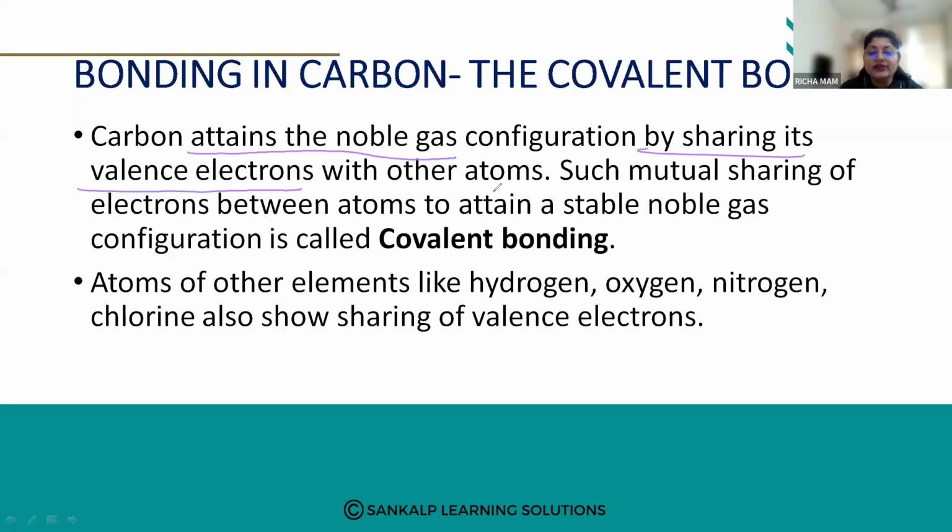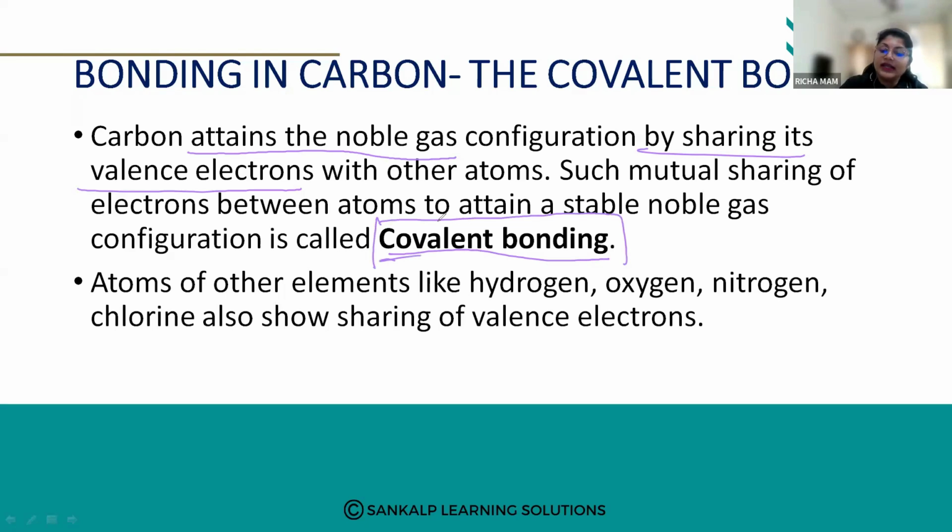It will try to attain the noble gas configuration by sharing its valence electrons. This sharing of valence electrons to attain the noble gas configuration is called covalent bonding. So what is covalent bonding?